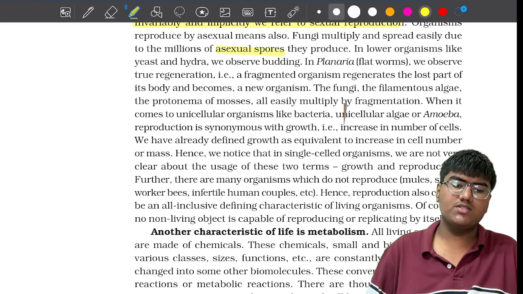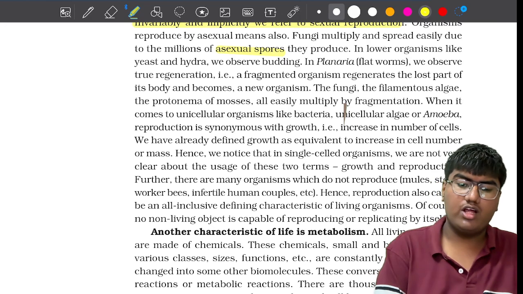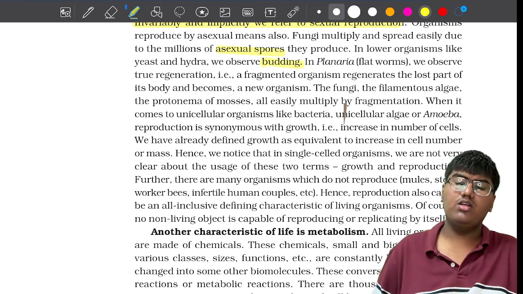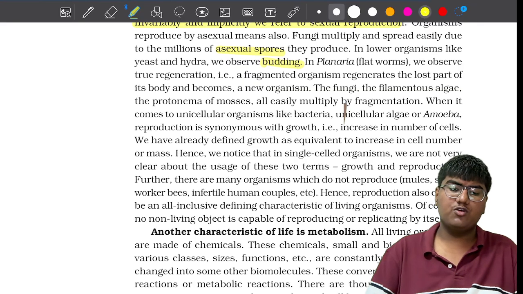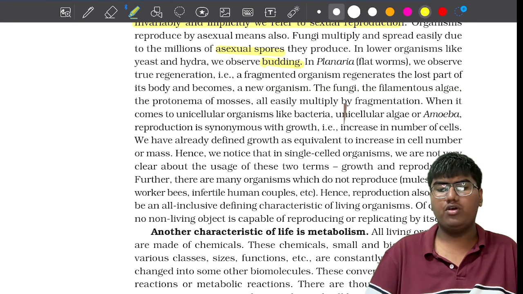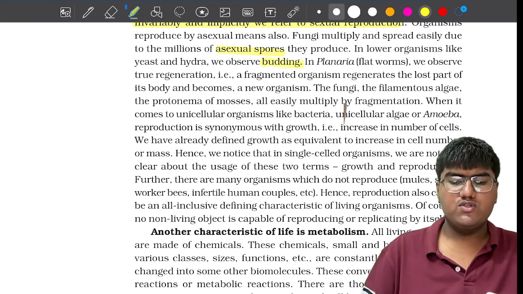In lower organisms like Hydra and yeast, we observe budding. Budding is another type of asexual reproduction in which a bud appears on the parent body. In planaria, we observe true regeneration. A fragmented organism regenerates. Each part of its body becomes a new organism.